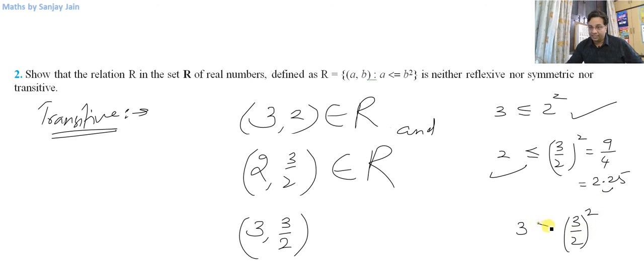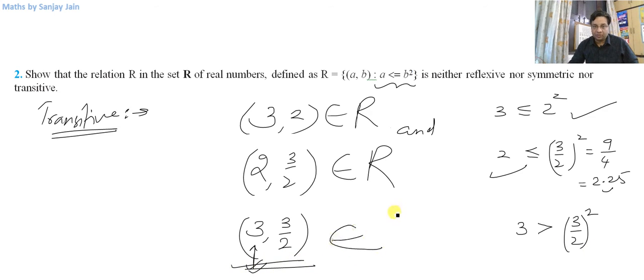So 3 is greater than (3 by 2) squared. For this ordered pair to be in the relation, the first entry should be less than or equal to the square of the second entry, which is not true for this ordered pair.